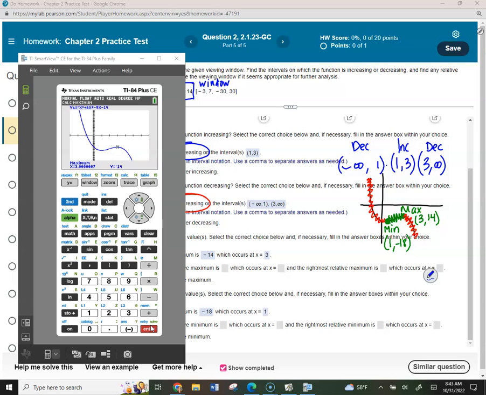Alright, any questions on 2? I've got one. After you find your min and your max, then you just have to differentiate if it was a decreasing or an increasing interval. Remember, you're using parentheses.